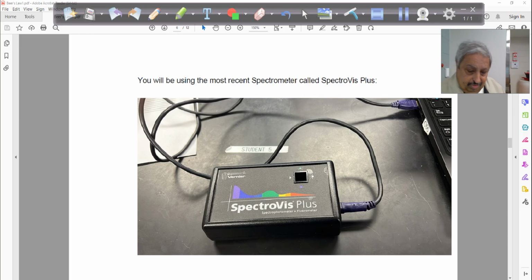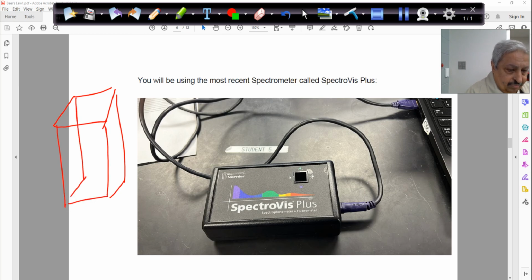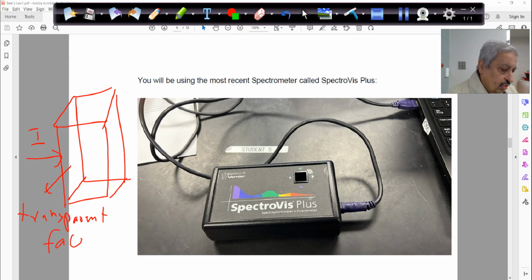So let me go back here. This is our Vernier, and the light, you have a cuvette. The cuvette has two transparent faces. When the light goes in, that's the transparent face of the cuvette.